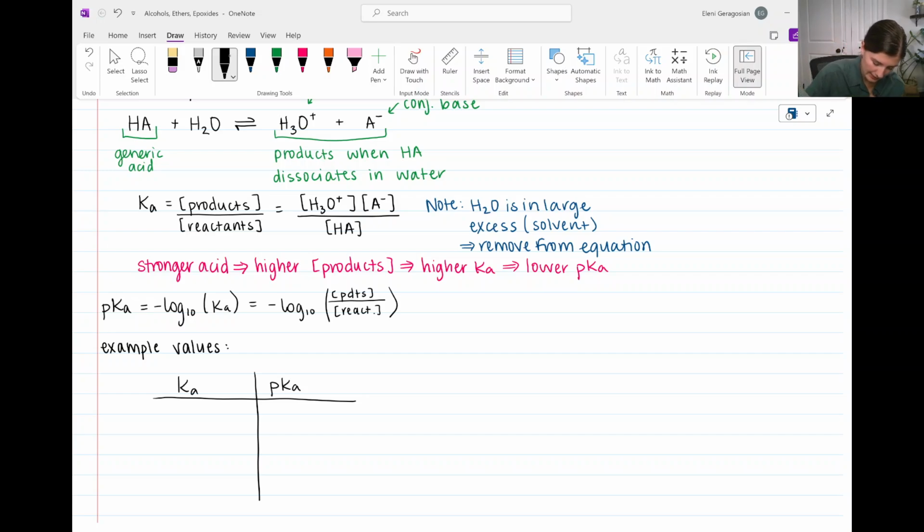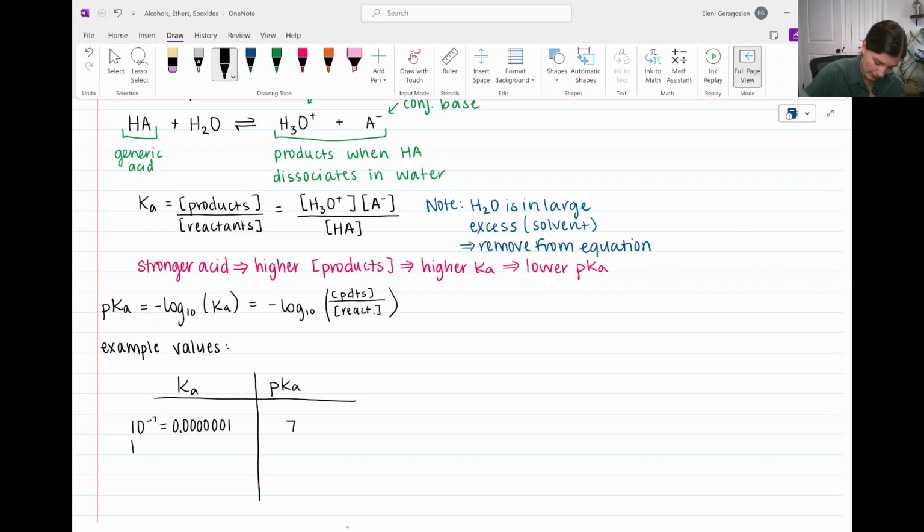So if we have a Ka that's really small, let's say 10 to the negative 7, that's 0.0000001. If you take the negative log of that value, the pKa is 7.